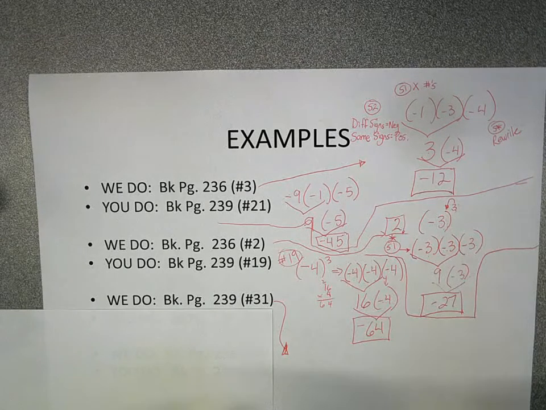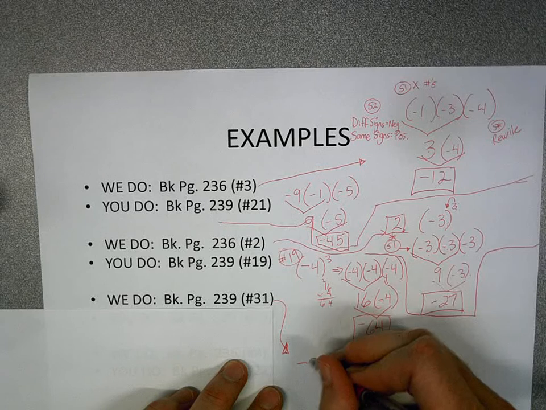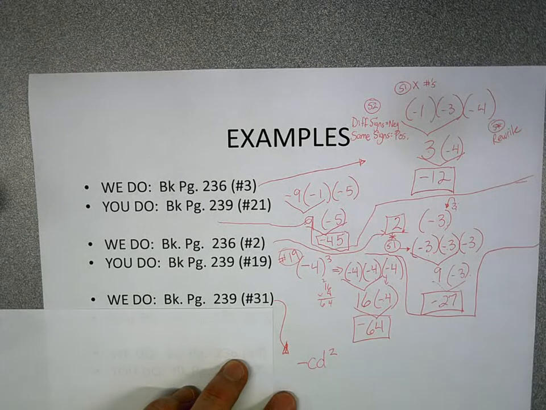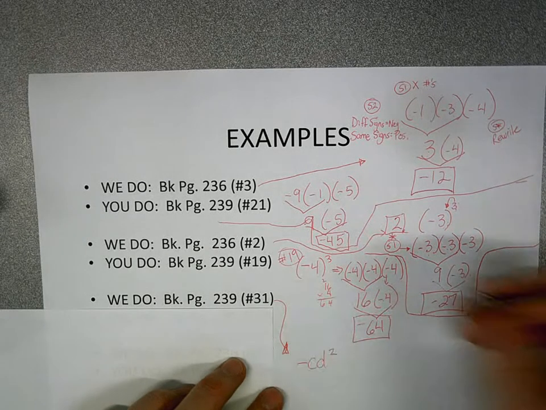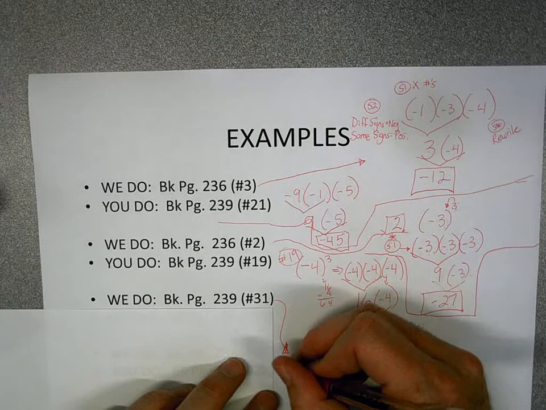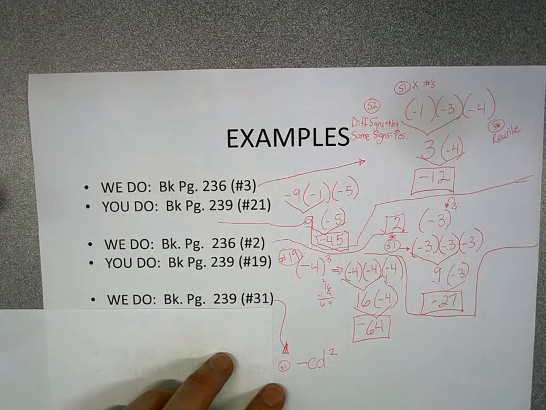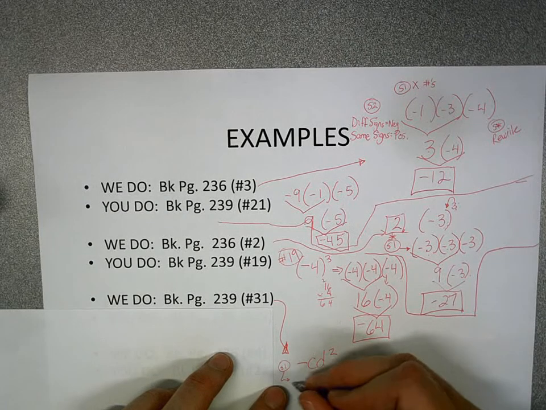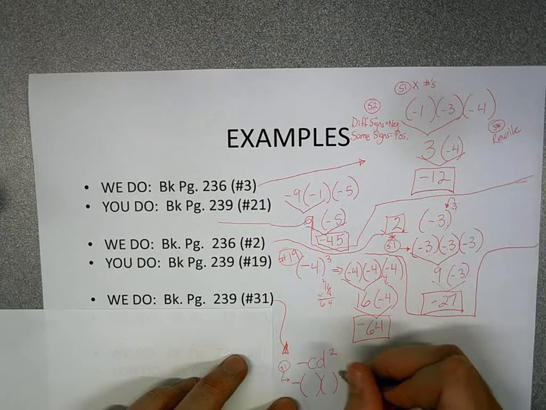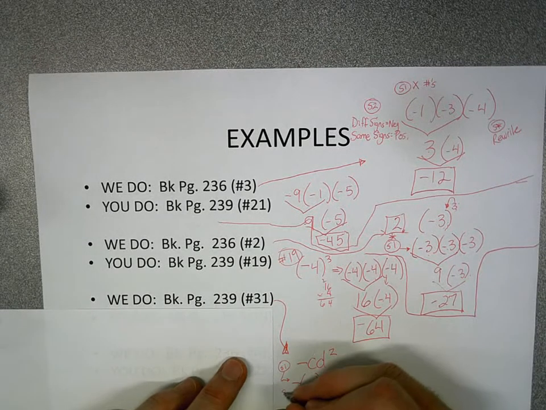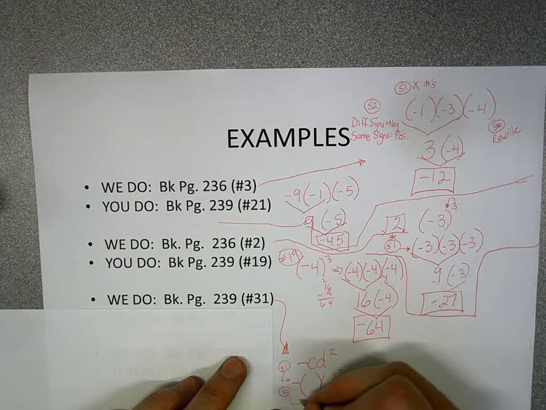It starts with negative cd squared. Okay, so negative cd squared, remember how we do this, and this should all be review. Step one, remember we rewrite this with parentheses where the variable is, where the letter is. So instead of negative cd squared, it's negative parentheses squared. And then of course step two can just be right with step one. I'm going to plug the numbers in here.